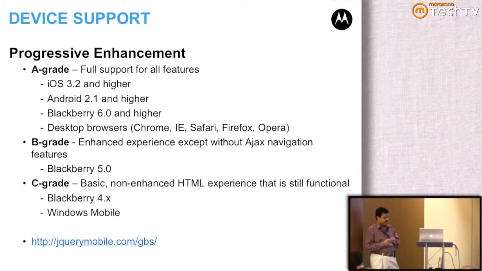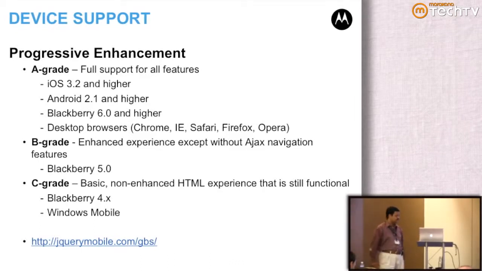For a B grade device like a BlackBerry 5, you do get your application function, you just do not have the AJAX navigation, for example. And for a C grade device like a Windows mobile device or even an older version of BlackBerry like version 4, you just get a plain vanilla application.